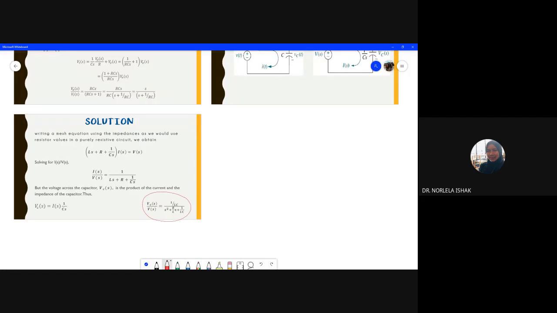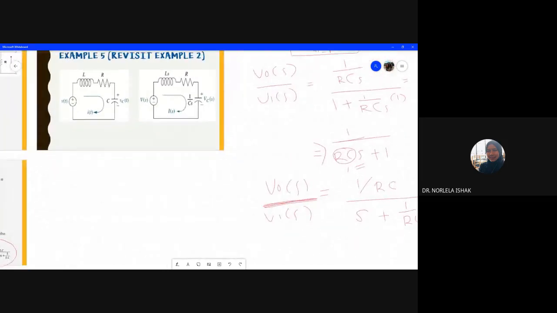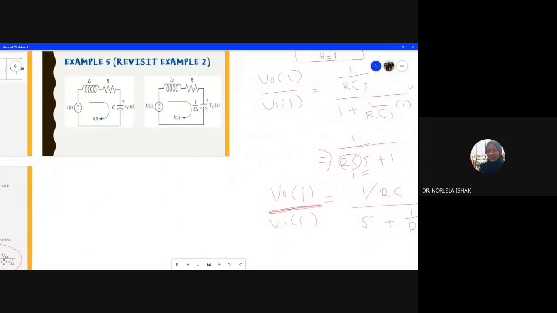Based on the mathematical equation, we already covered it on Wednesday, right? So today, I want to share how to define the transfer function based on block diagram. So what is the first equation for this circuit, using Kirchhoff's law?